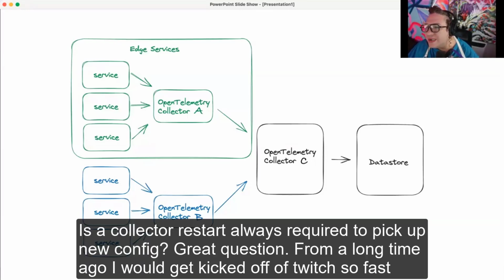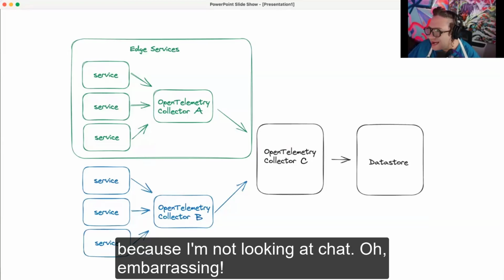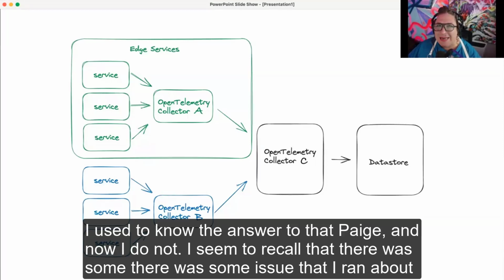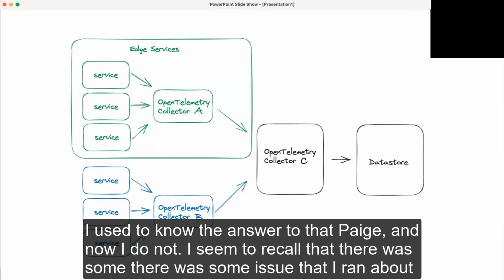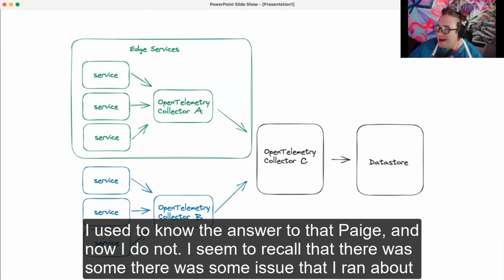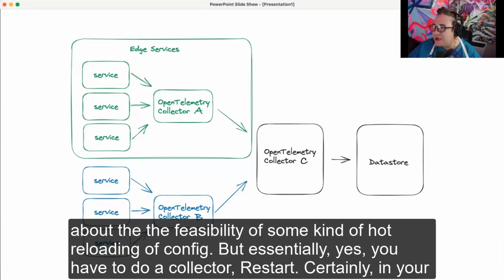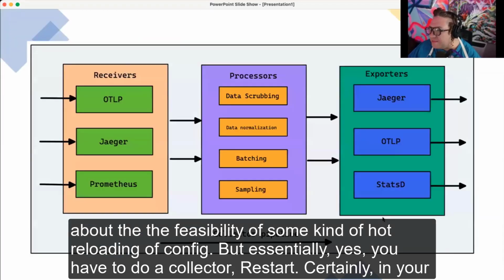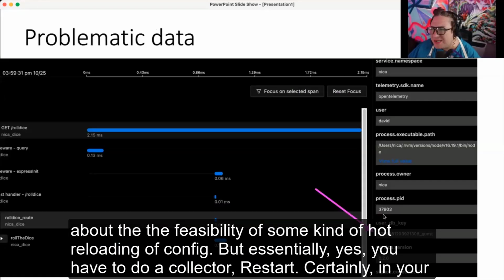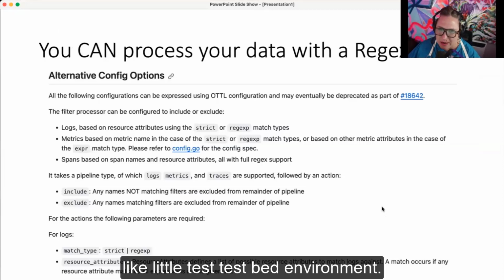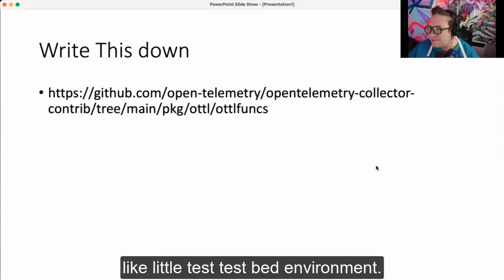Is a collector restart always required to pick up new config? Great question from a long time ago. I would get kicked off of Twitch so fast because I'm not looking at chat. Embarrassing. I used to know the answer to that, Paige, and now I do not. I seem to recall that there was some issue that I read about the feasibility of some kind of hot reloading of config, but essentially, yes, you have to do a collector restart, certainly in your little test bed environment.